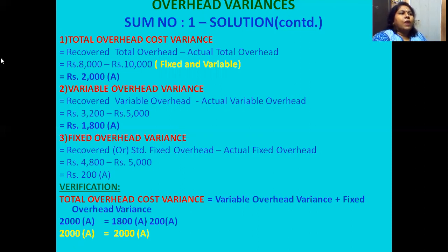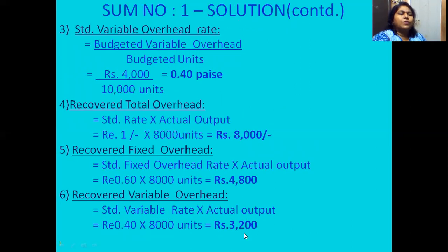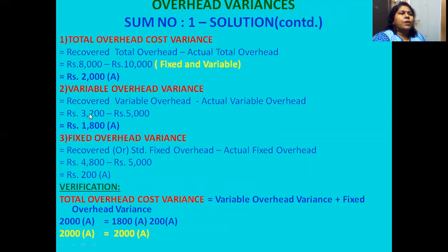And the next is variable overhead variance. The formula is required variable overhead minus actual variable overheads. Required variable overhead I already calculated. What is that? 3,200. 3,200 minus the variable overheads given for actual, which is 5,000. So the answer is 1,800 adverse. The same way I calculate the fixed overhead variance.